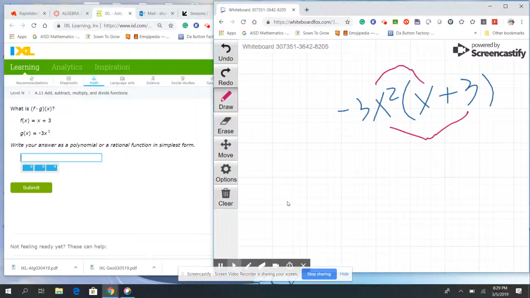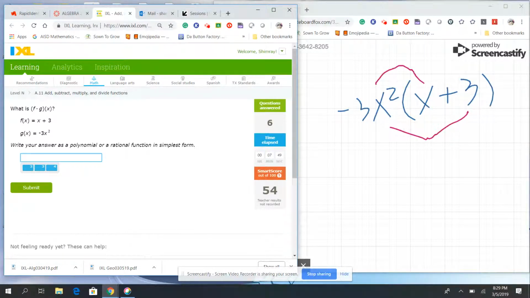So I'm just going to write out the answer. So it will be negative 3x to the third power, since x squared times x is x third power. Negative with positive will be negative. 3 times 3 will be 9, and x squared.